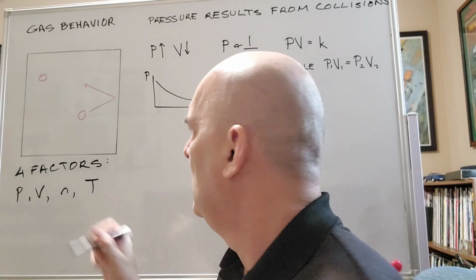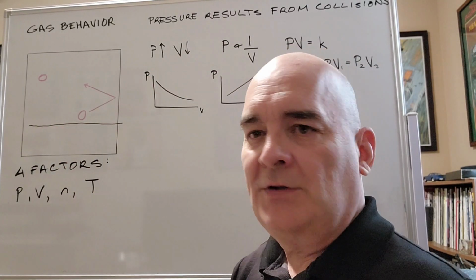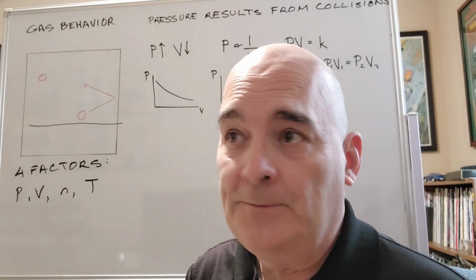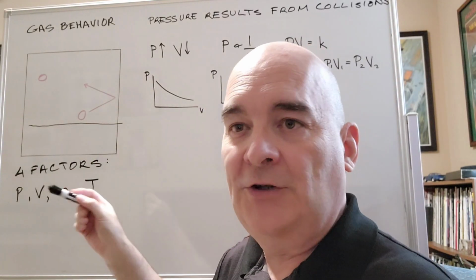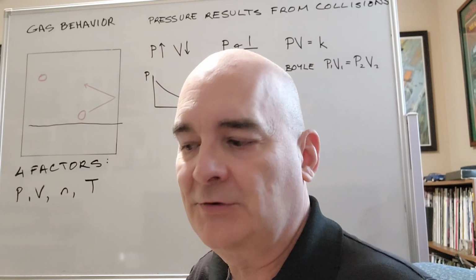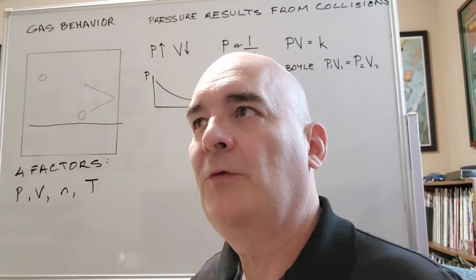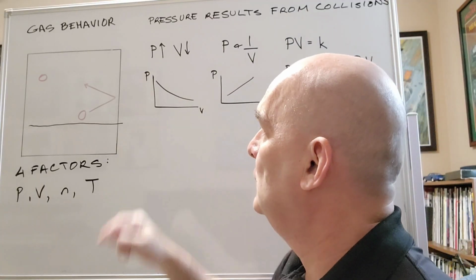And if we could count the number of bounces per second, that would give us a gauge of what the pressure is. If I made the size of the container smaller, then the particles would travel a shorter distance between collisions. The time between collisions would be shorter. The number of collisions would therefore increase with time, and therefore pressure would go up.